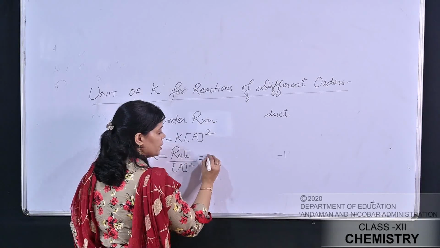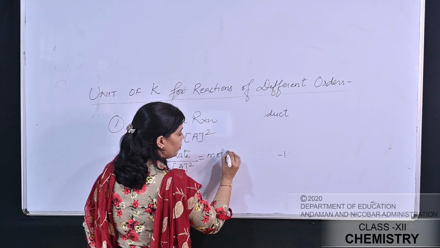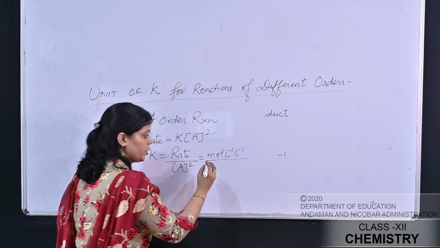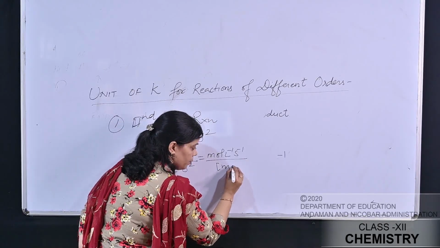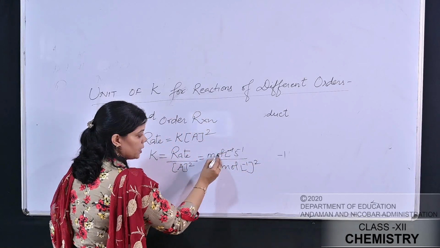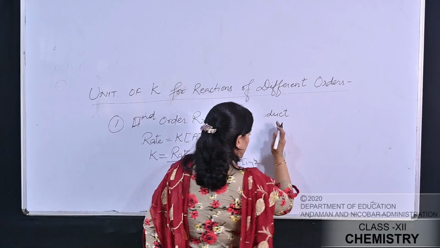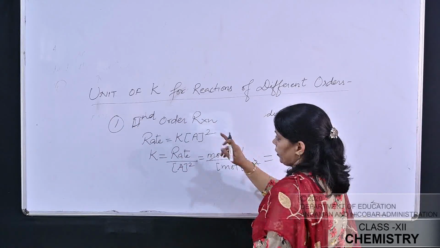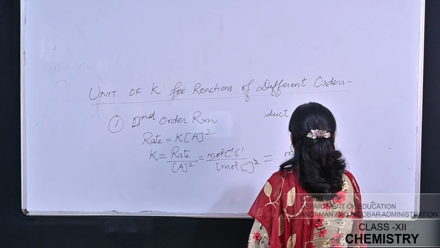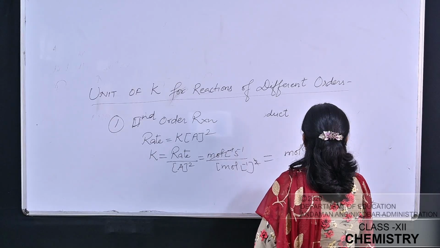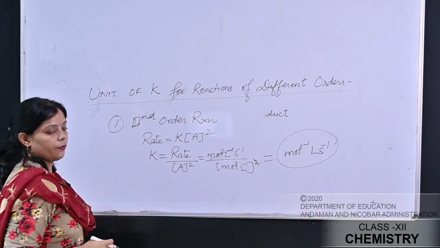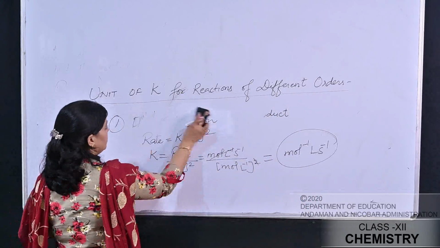The unit of rate is mole per liter per second divided by the unit of concentration, mole per liter, whole square. After this cancels out, one quantity is left here. Then we get the unit of rate constant for the second order reaction, that is mole inverse liter second inverse. This is the unit of the rate constant for the second order reaction.